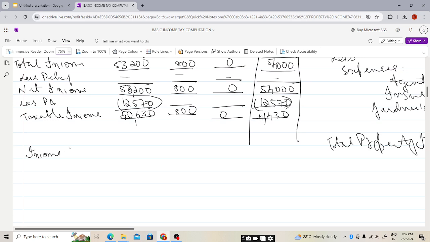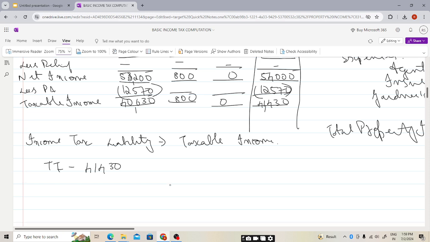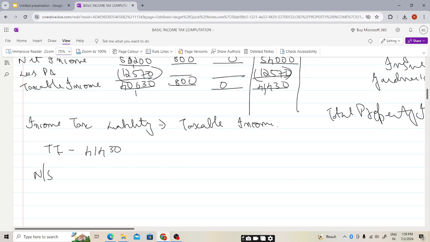Now we need to calculate the income tax liability. Income tax liability is calculated on taxable income. Our taxable income is 41,430, of which non-saving is 40,630, saving is 800, dividend is 0.